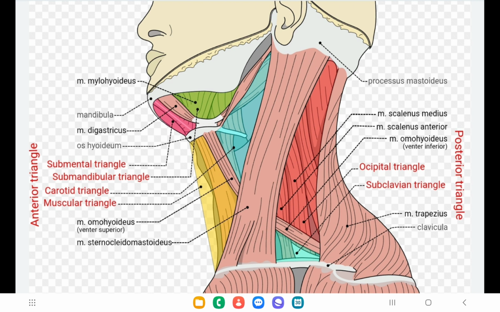The upper part is the occipital triangle and the lower is the subclavian triangle. The boundaries of the occipital triangle are the inferior belly of omohyoid muscle, the sternocleidomastoid muscle and the trapezius muscle. The boundaries of the supraclavicular triangle are the inferior belly of omohyoid muscle, the sternocleidomastoid muscle and the middle third of the clavicle.